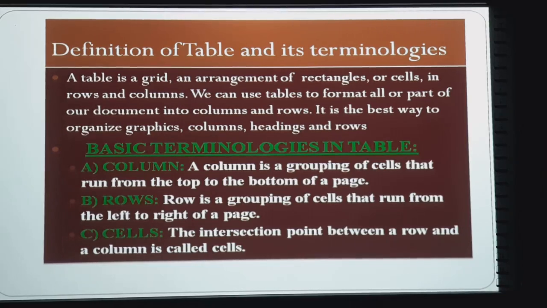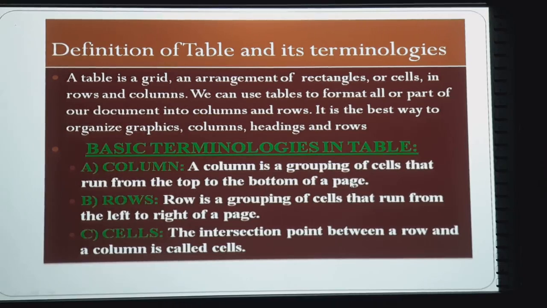Now, some basic terminologies that are prevalent in a table are column, rows, cells. So what are these three terms? We will discuss one by one. A column is a grouping of cells that run from the top to the bottom of a page.